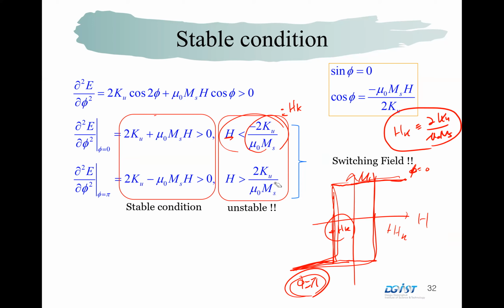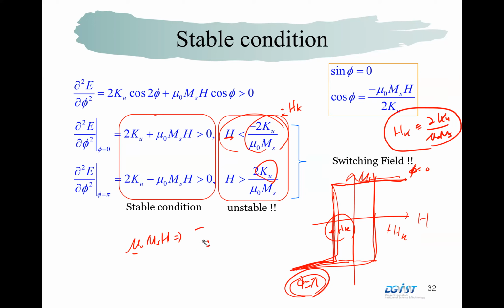Okay, so look at this. Please remember that when you multiply Ms, H, mu0, this is always an energy density, the unit of energy density. And this is also an energy density.